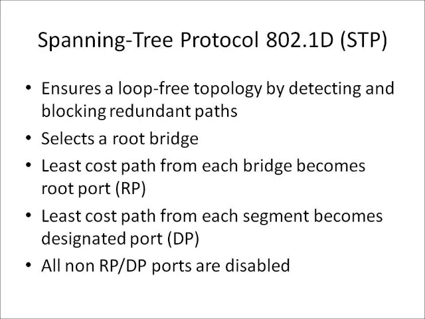When it does this, it calculates a least cost path from each bridge to the root port, and each one of those least cost paths from each segment becomes what's called a designated port, and then anything that is not a root port or a designated port is disabled, and we'll walk through this very simply here within a network diagram.